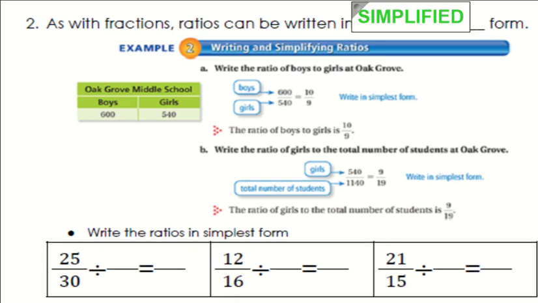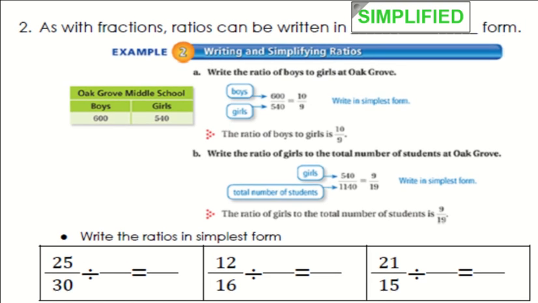So if we divide the numerator and denominator each by 5, 25 divided by 5, 30 divided by 5, that's equivalent to 5/6. What goes into 12 and 16? 4.